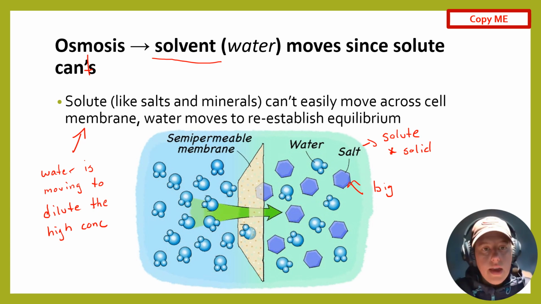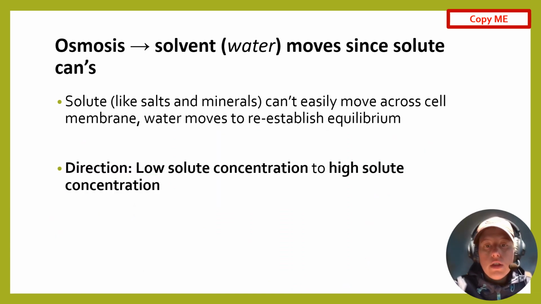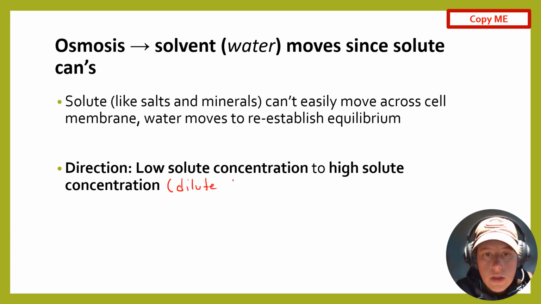But the key thing is the solute cannot move easily. So because the solute cannot move, the solvent has to move to bring down the concentration. So it goes from a low solute concentration to a high solute concentration, and it does this because it needs to dilute the solute.